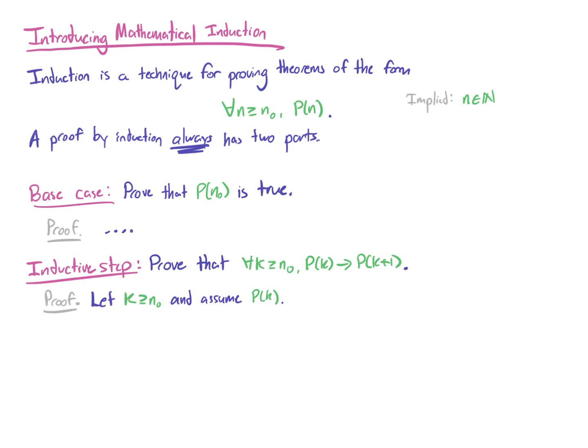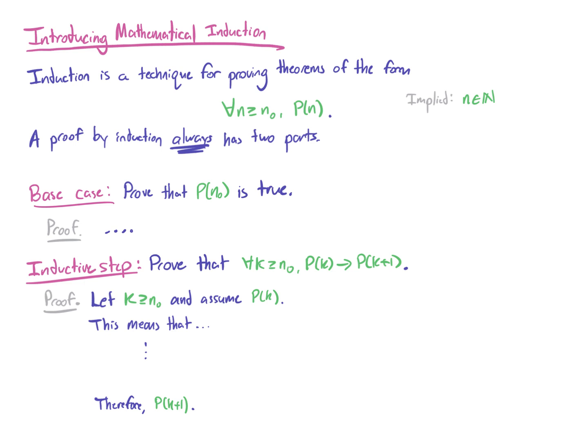From here, I need to say what it means that P of k is true, and we'll look at an example shortly. This means that, and I need to fill in my definitions here, what it means for P of k to be true. Then I have some work to do, and then I'm going to conclude my inductive step by saying, therefore, P of k plus 1 is also true.